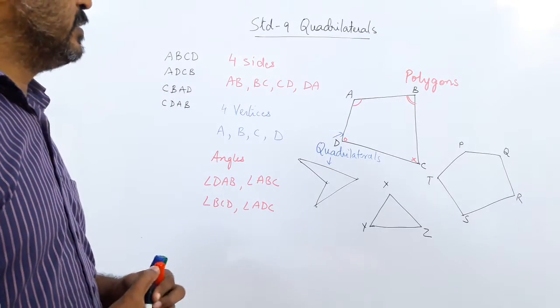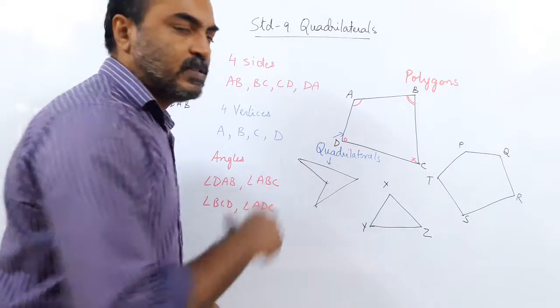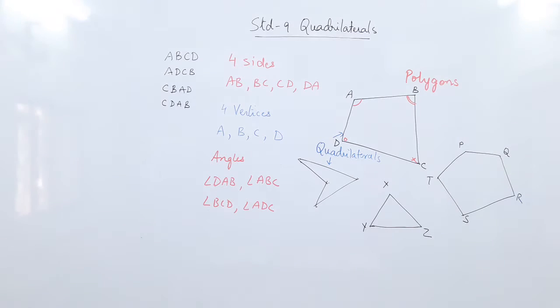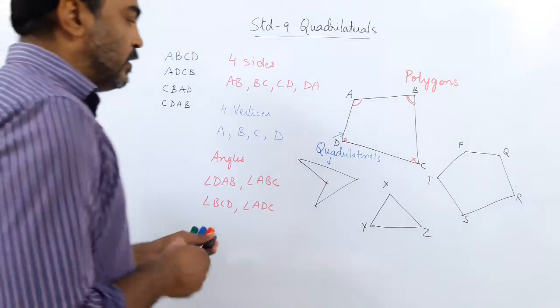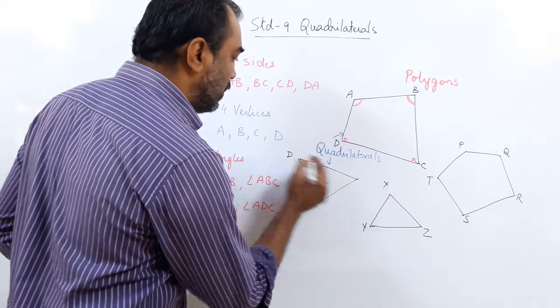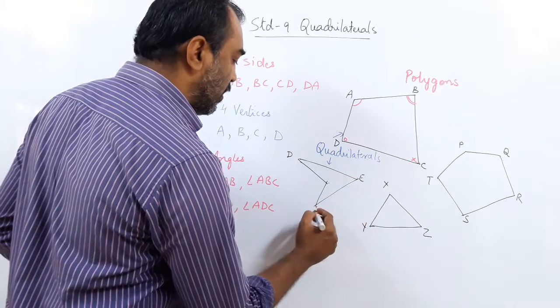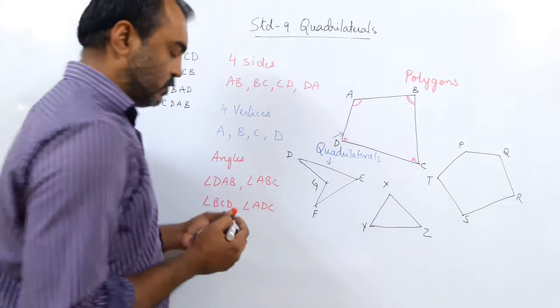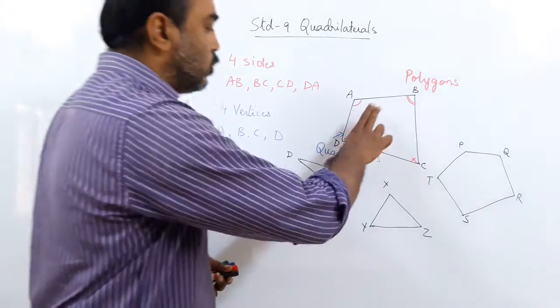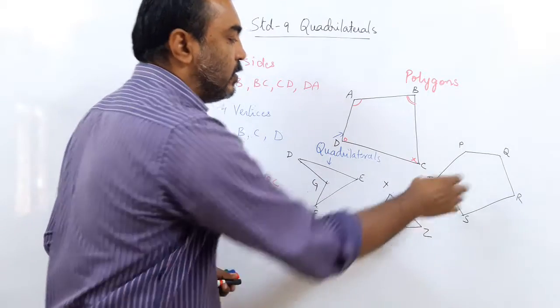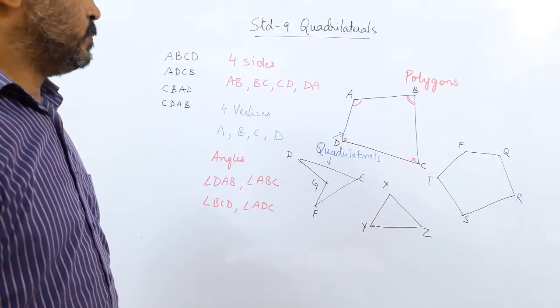What are diagonals? And why are they very important? You will see in just a second. So pay attention clearly and understand why the diagonals are important. Let me call this quadrilateral D, E, F, G. So I have drawn on the board 2 quadrilaterals, a triangle and a pentagon.